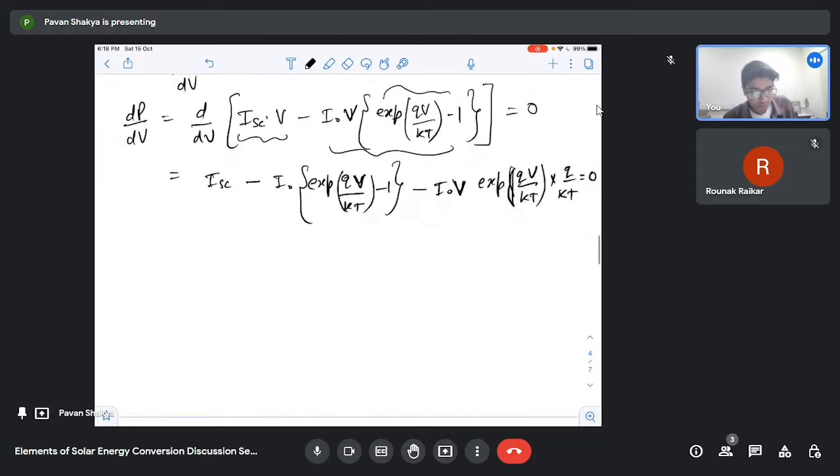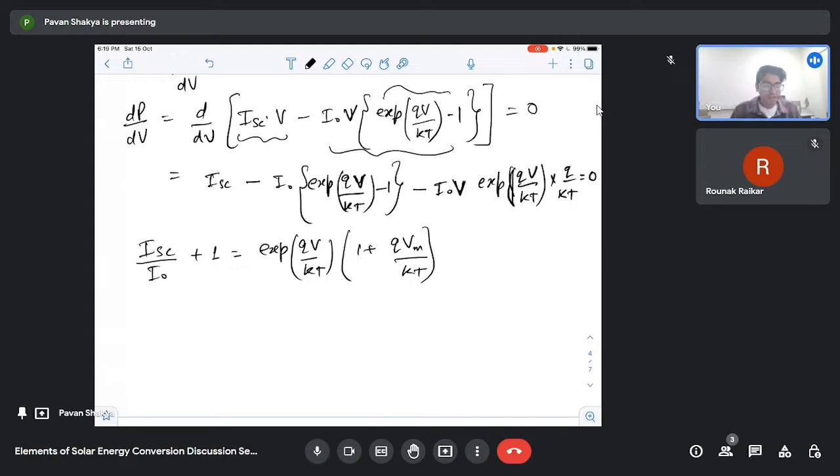Okay, so if we take this negative part to the right hand side, then we can write that ISC divided by I naught plus 1 will be equal to the exponential of QV by KT into 1 plus QVm by KT.